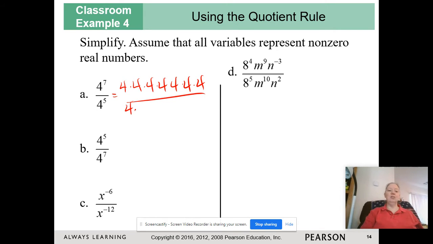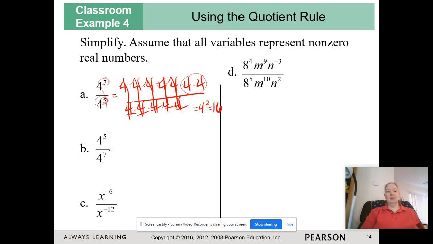And what I want you to do is ask yourself how many pairs of 4s will cancel out to make a 1. All right, so we have 5 pairs of 4s that we canceled, and we end up with 2 4s in the numerator. 4 squared, or 16.